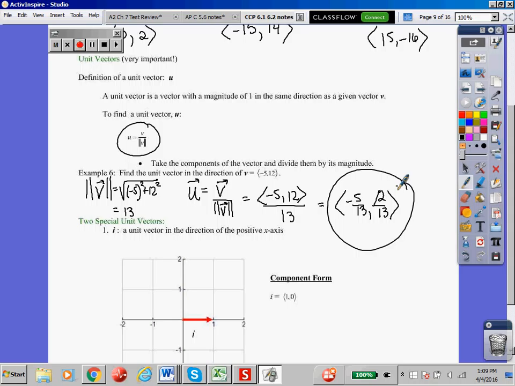And let me pause here a moment and prove why this is. This is the formula: if you want to find a unit vector, you take your given vector divided by its magnitude, and let me show you something.